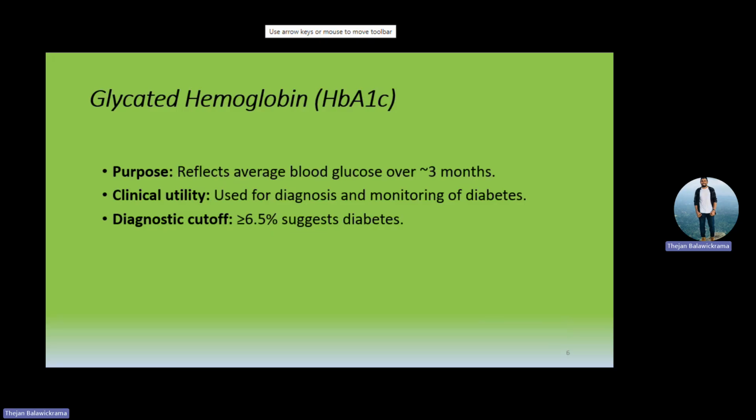For us to consider this a fault of the body, a problem, the maximum has to be 6.5%. It could change within the range of 6.5%. That is glycated hemoglobin.